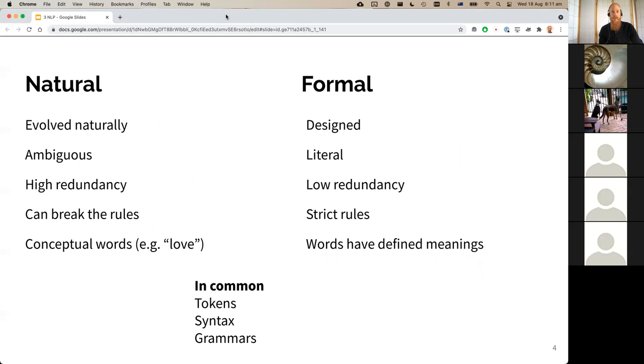So here's a comparison table of natural languages and formal languages. The differences listed at the top. So think about human languages that you know compared with programming languages that you know. Natural languages, human languages tend to have evolved over time, over significant periods of time.